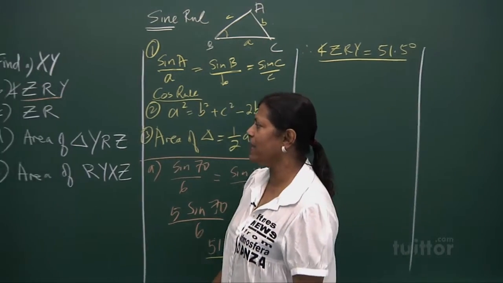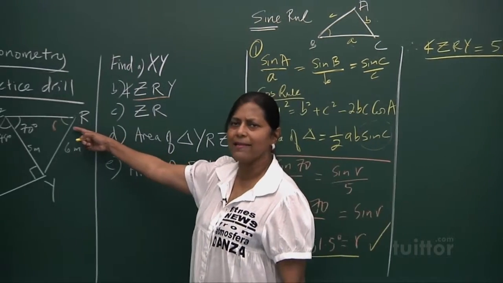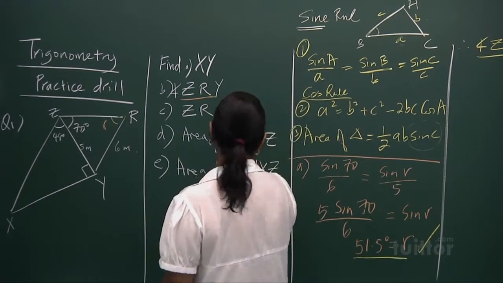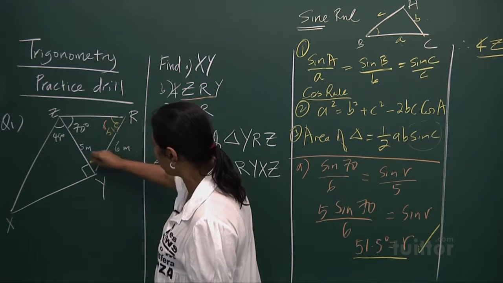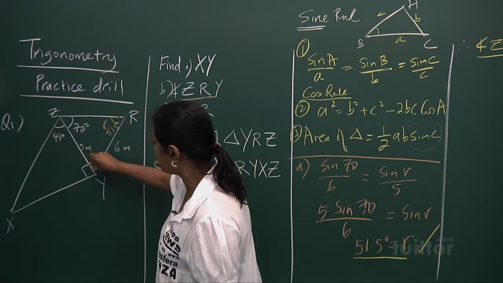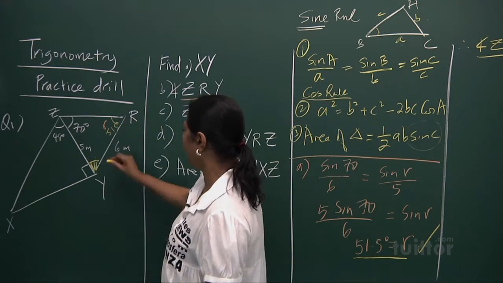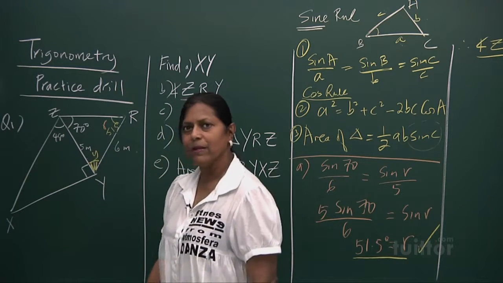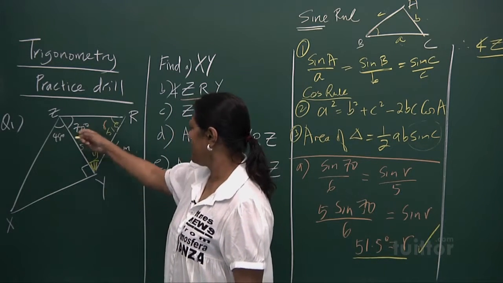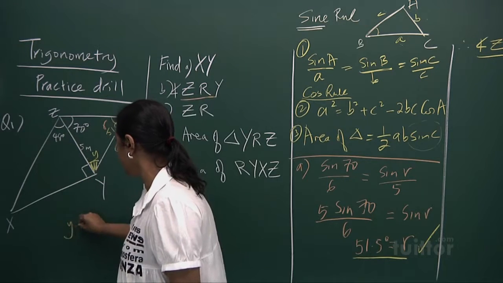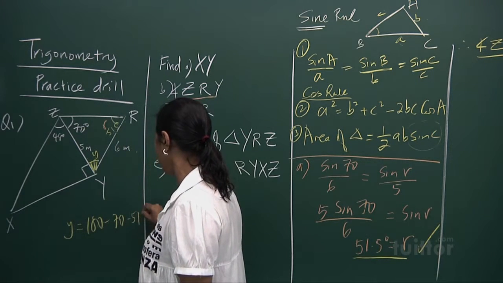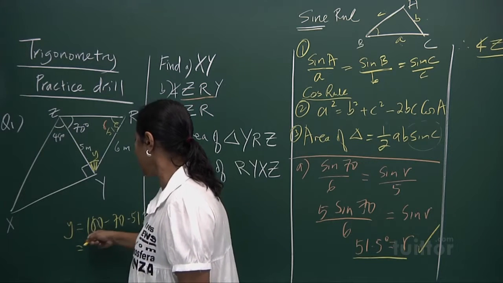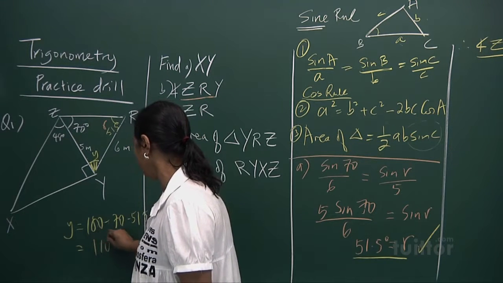Next, you want to find out what is XR. Move along with me. You've got 51.5. We can find out what this angle is. Let me call it a small y. You take 180 minus 70, and then you minus 51.5. 180 minus 70 is 110.